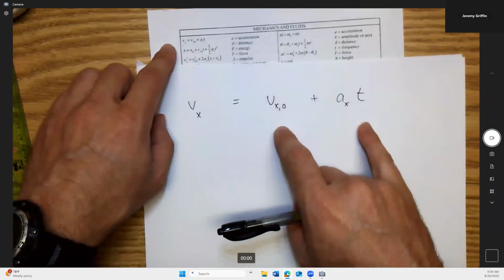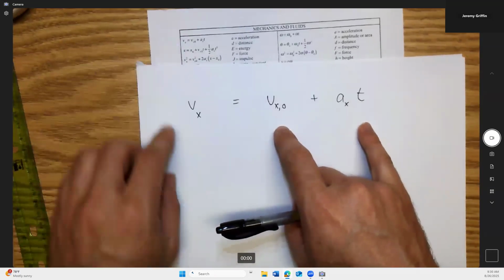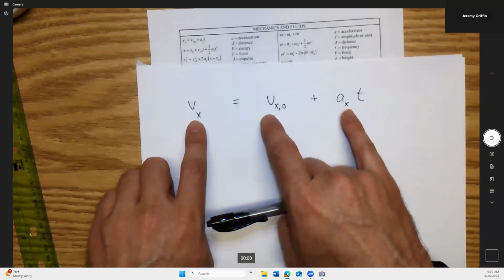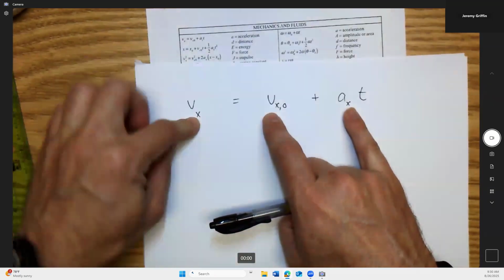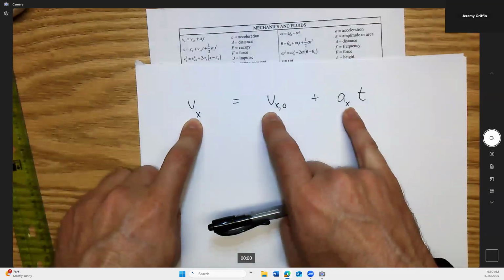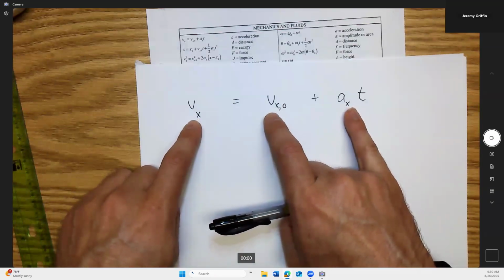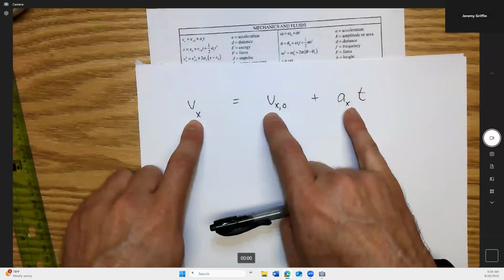Okay. Now, here I'm looking at how AP writes these formulas. They're a little bit different. So what's the difference? Guys, what do you think the subscript X means as AP writes it? It's really tiny here, I just blew it up bigger. It doesn't represent distance. The subscript X represents a direction. You can have X, Y, or Z axes.